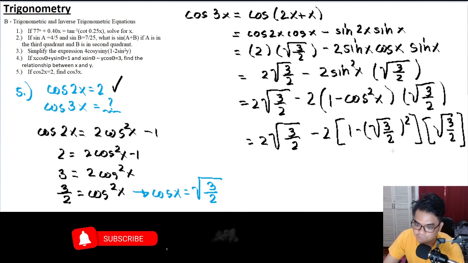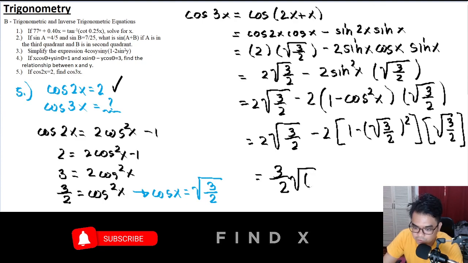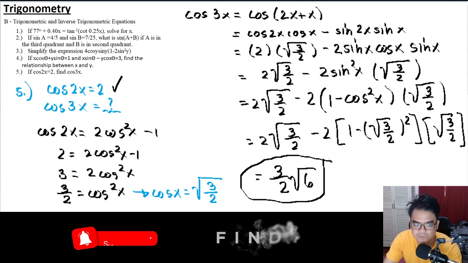Okay, so if you simplify that, or you can enter it in your calculator if you want, you'll get 3 over 2 square root of 6. So that will be our answer.